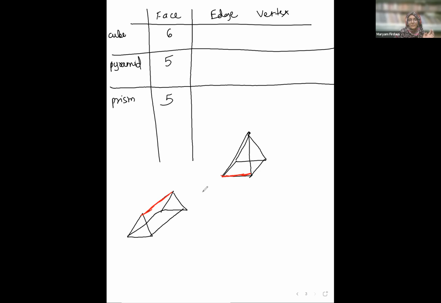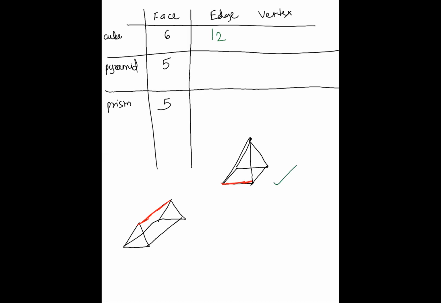A cube has 12 edges. Very good. And a square pyramid has how many edges? I think 8. Yes, 8.